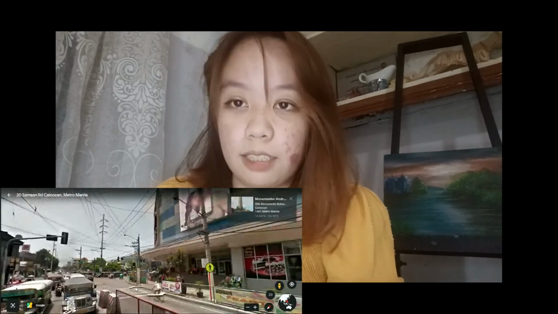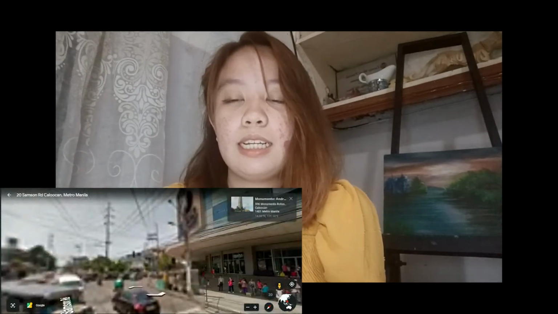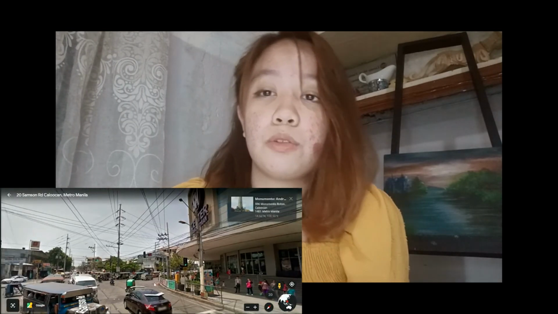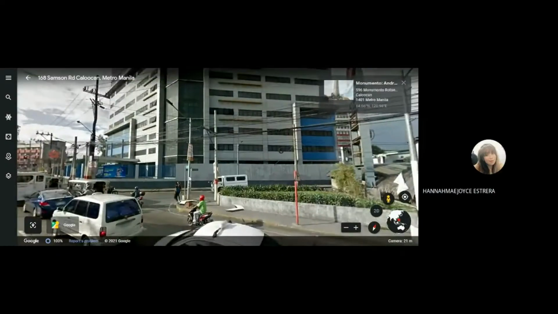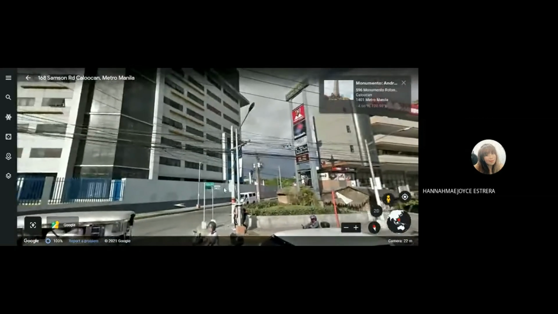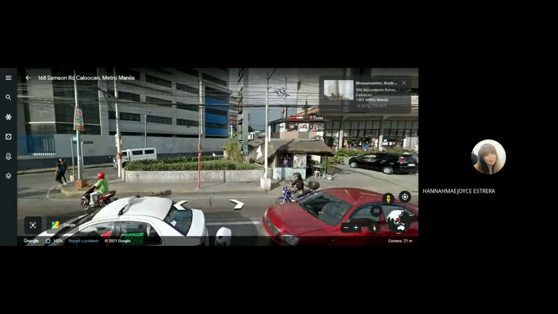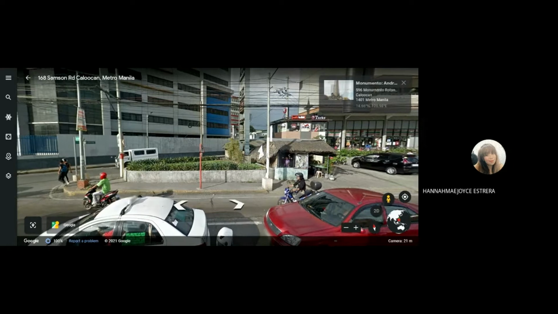Maliban doon sa main roads or access, intersection, tapos yung nagka-circle na kaya rin EDSA na maraming vehicles. At nag-a-add din yung mga additional streets surrounding the university.